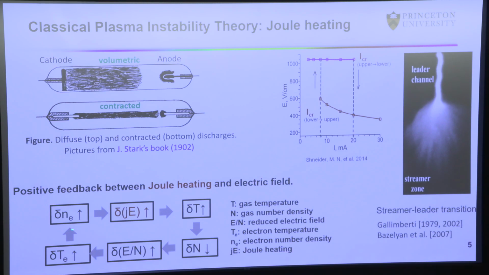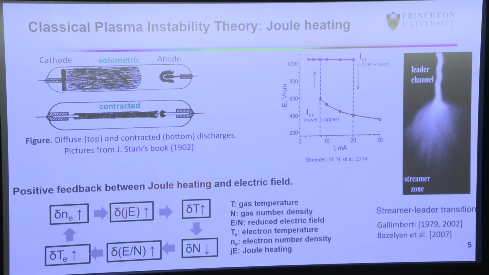The mechanism is that in this kind of plasma, if you increase the current, that means you increase the heating. When you increase the heating, the temperature rises. If the temperature rises, the number density decreases by the ideal gas law.